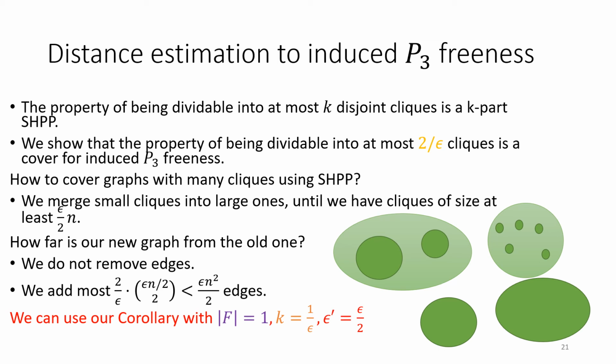So indeed, this property alone covers induced P3 free graphs. It is not obviously identical to this property, as the empty graph is induced P3 free, but does not belong to the property, but it covers it. And the empty graph is close to this property.